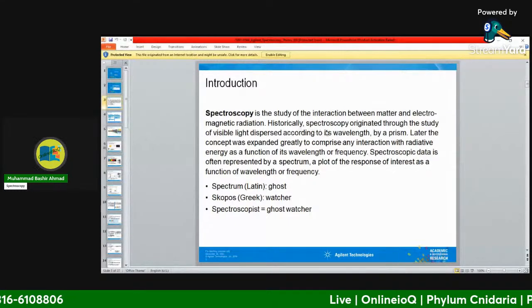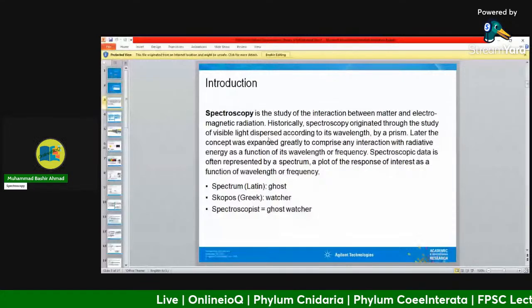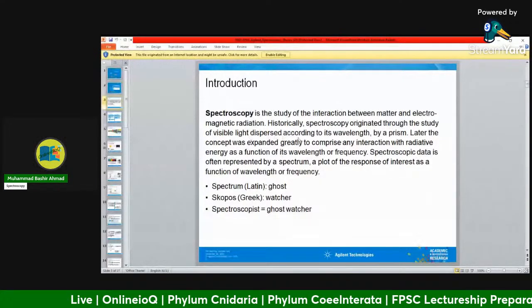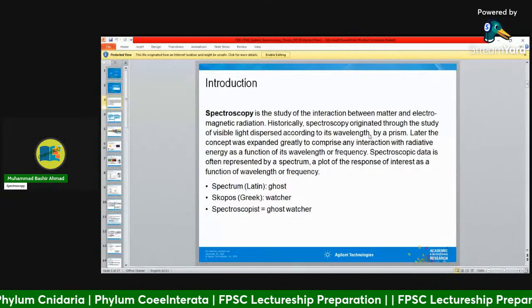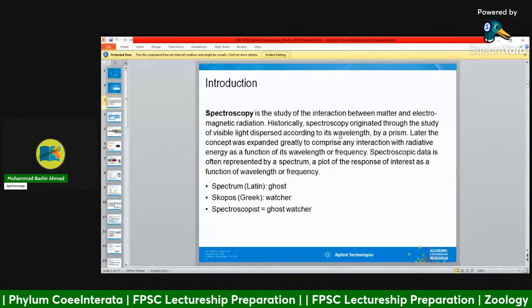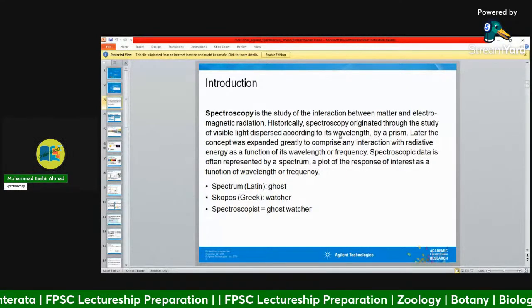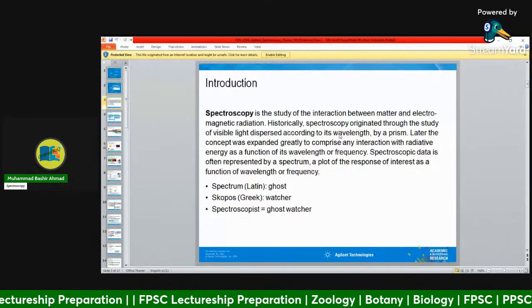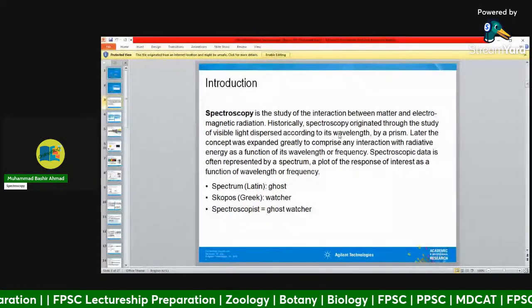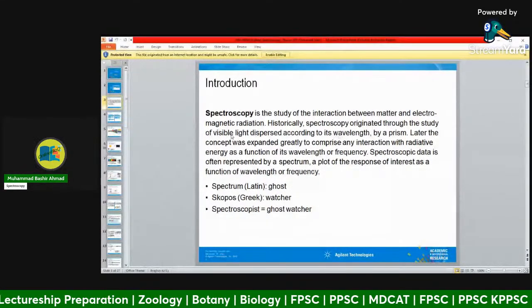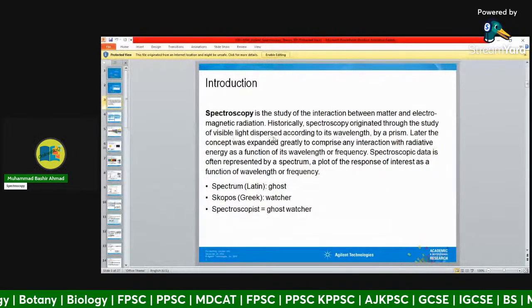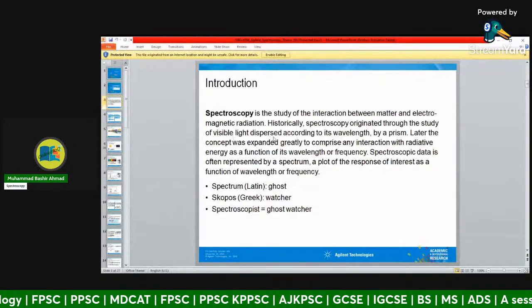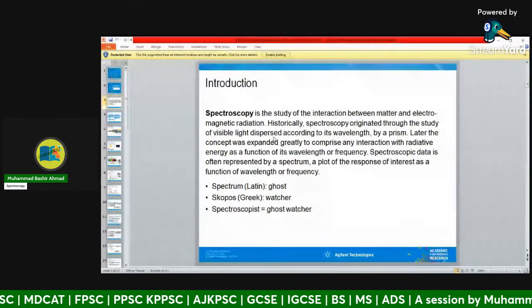We know that Sir Isaac Newton carried out an experiment and showed that sunlight, visible light, consists of seven fractions, seven colors, known as VIBGYOR: violet, indigo, blue, green, yellow, orange, red.